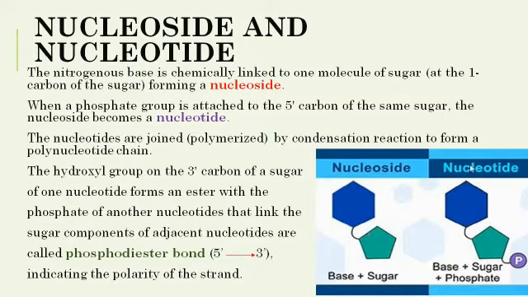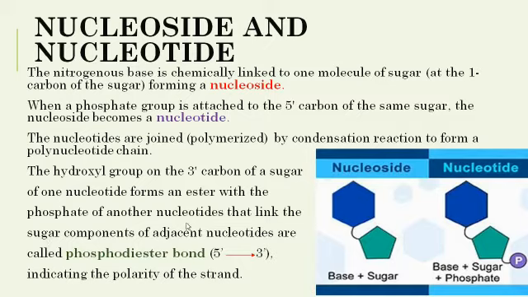The nucleotides are joined and polymerized by condensation reaction to form a polynucleotide chain. The hydroxyl group on the 3' carbon of the sugar of one nucleotide forms an ester with the phosphate of another nucleotide.